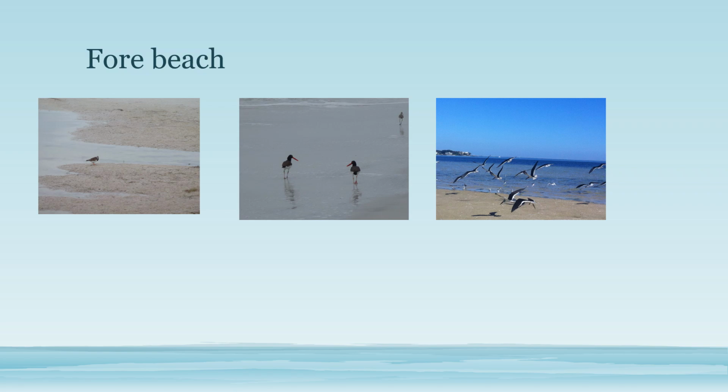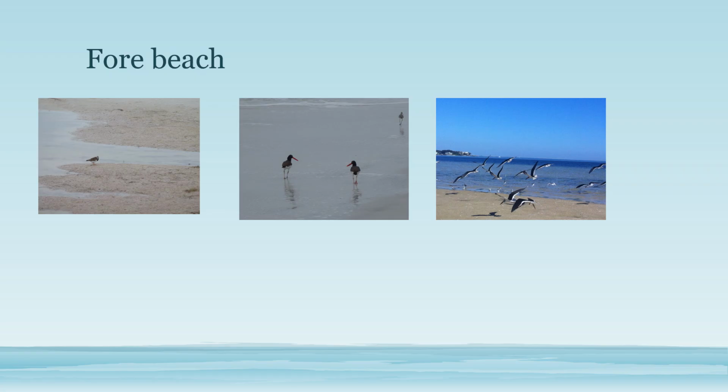Right on the edge of the water, you have forebeach. It's wet. You can see that sand is wet, it's tightly packed. You have ruddy turnstones. Those are some oyster catchers in the middle. They are beach nesters, and they're a little bit rare. Skimmers fly with their beaks and just dip into the water and catch small fish.